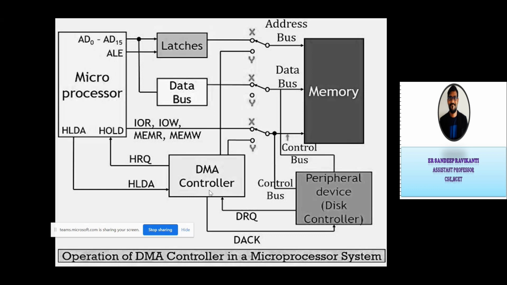So that's the reason the buses will be used for transferring the data without any interruption. In this way, it achieves high-speed data transmission with respect to the memory and the peripheral devices.